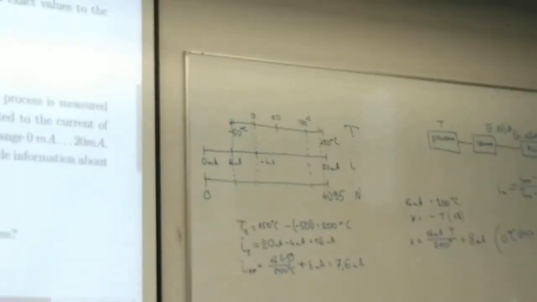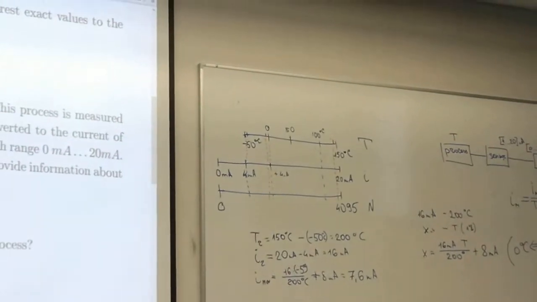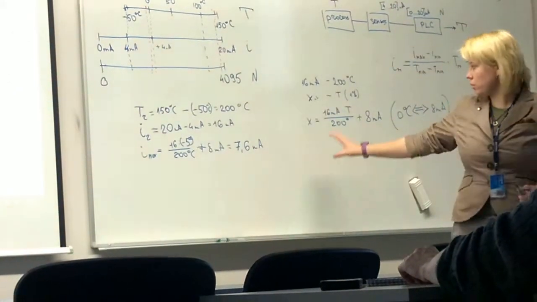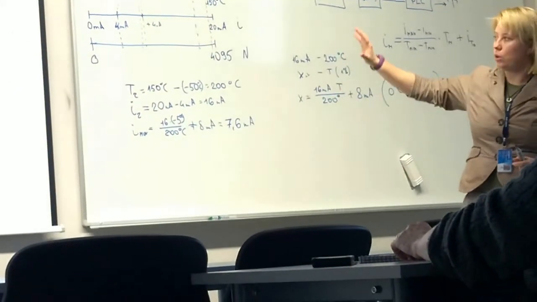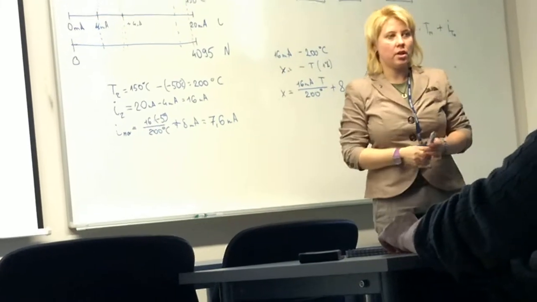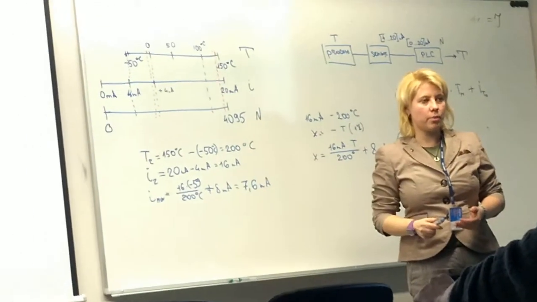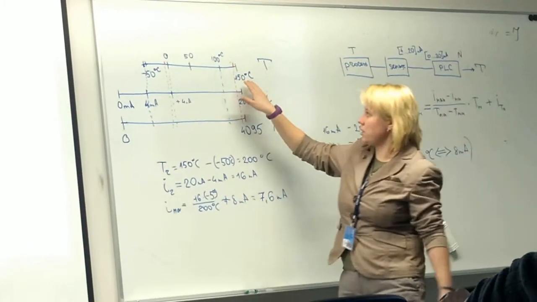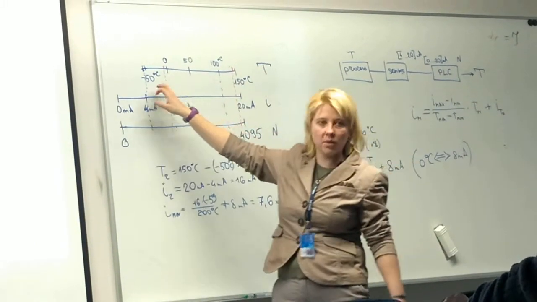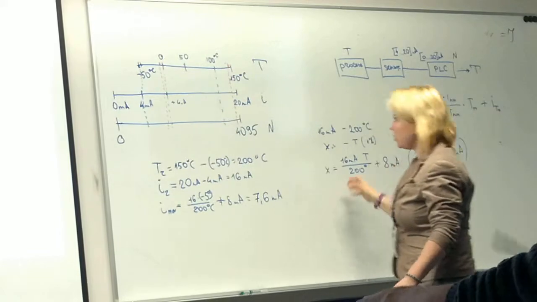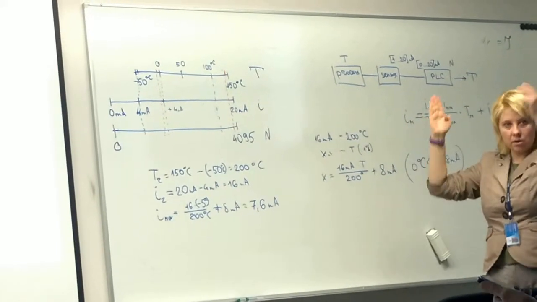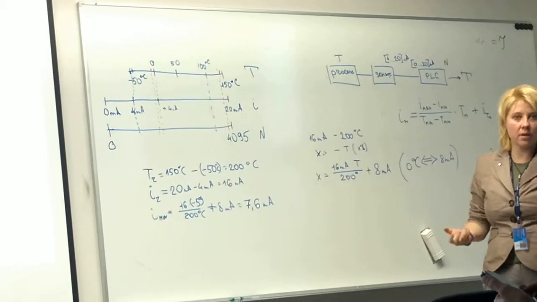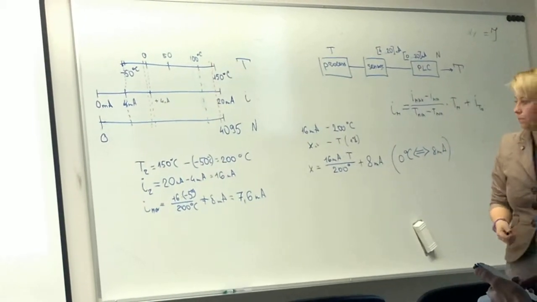Always check, because this is the first mistake that I see during the exam. A student tries to find the dependency between two ranges and provides some equation, but if I set the maximal and minimal values and don't obtain the maximal and minimal values of the other range, that means that something went wrong.